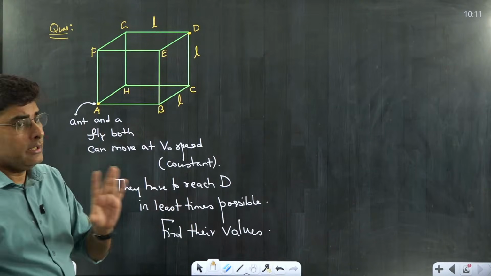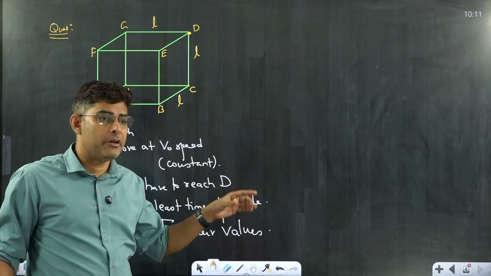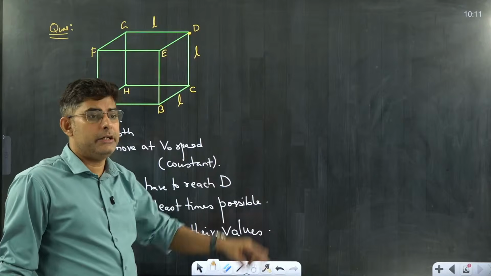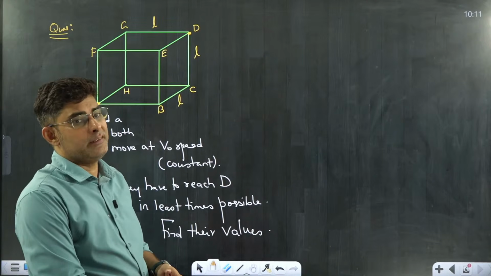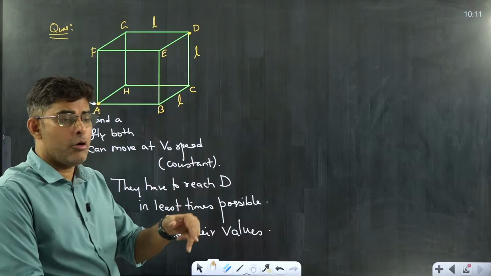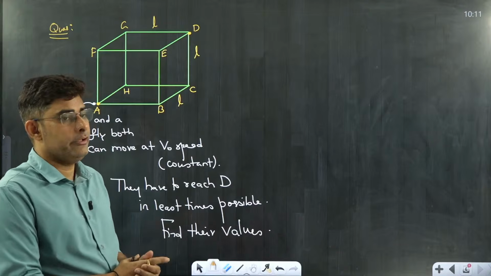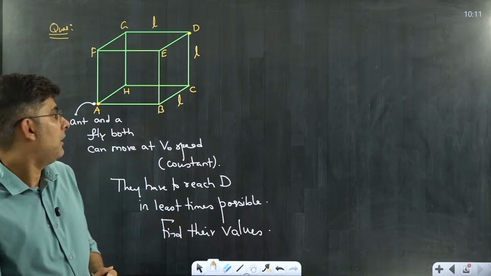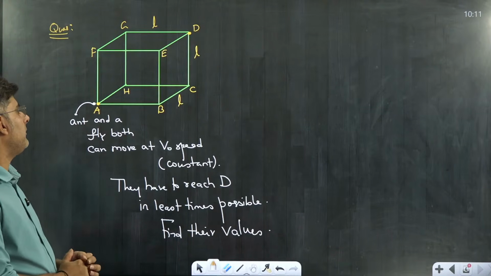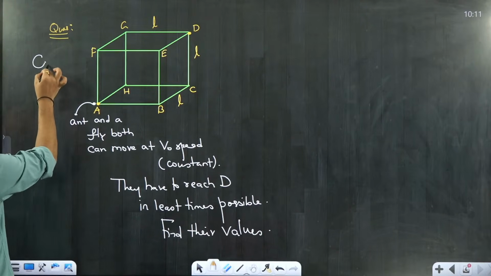Again, all these questions are based on constant speed. If the fly is flying, it will be flying at a constant speed V naught. And if the ant is crawling on the wall or the floor, it will be moving at constant speed V naught. All three sides are given as L. This room is a cubicle room.